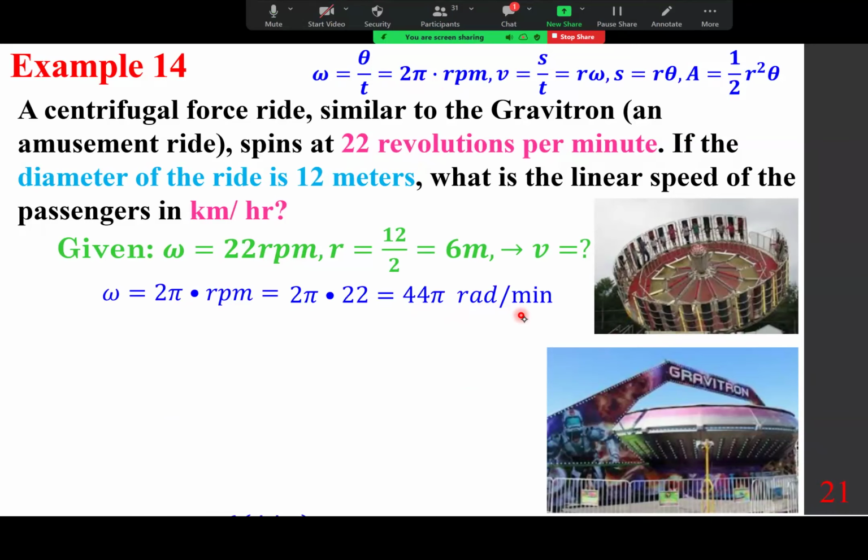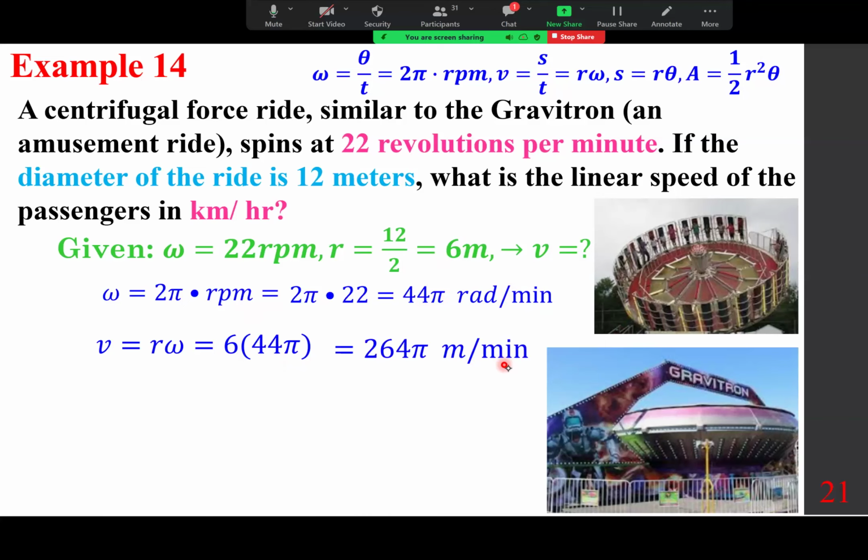V equals R omega. R is 6, omega we have 44 pi. The answer is 264 pi meters per minute.